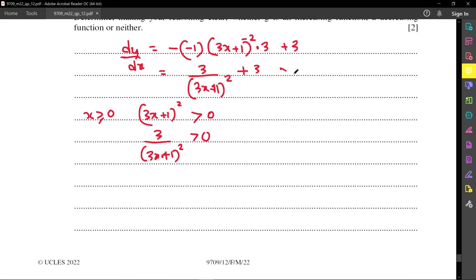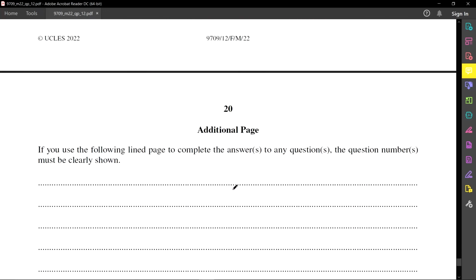Therefore the entire quantity is greater than 0. So you can mention dy by dx is always greater than 0. Therefore it is an increasing function. So that's the solution for this.